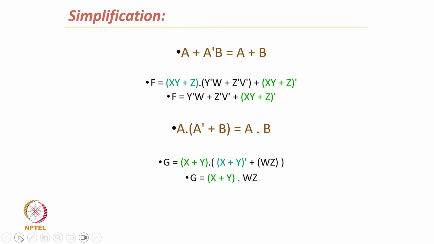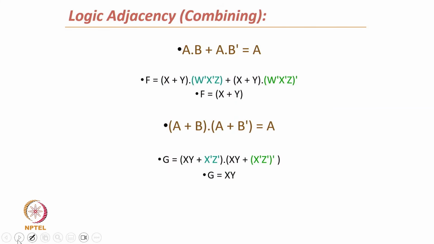These are the simplification rules. A plus A dash B is nothing but A plus B, and A dot (A dash plus B) is equal to A dot B. Then logic adjacency, which is the combining of terms: A dot B plus A dot B dash is nothing but A, which we can write simply by taking A as common.